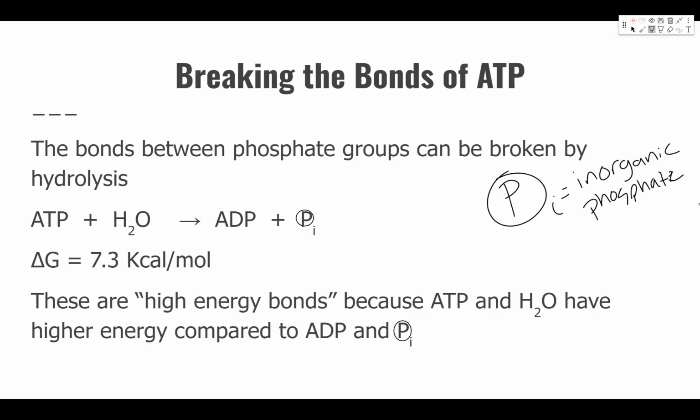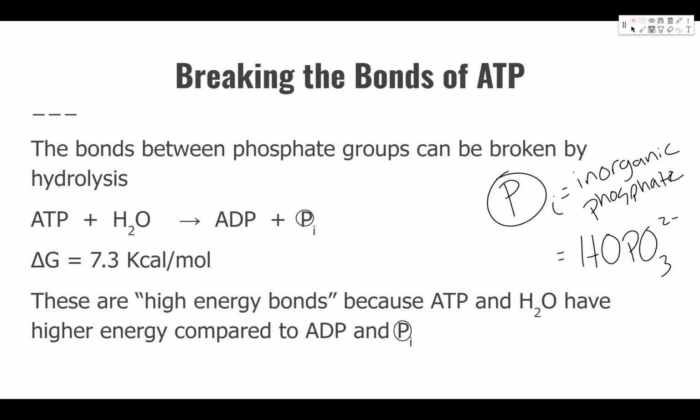One of the big inorganic molecules that's super important, that we hit up a lot. More chemically, it is HOPO3 2-. But usually we just call it an inorganic phosphate.